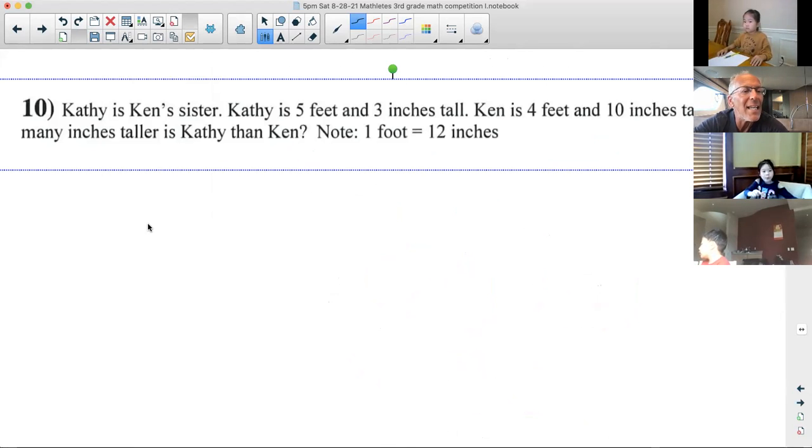Kathy is Ken's sister. Kathy is 5 feet 3 inches tall.